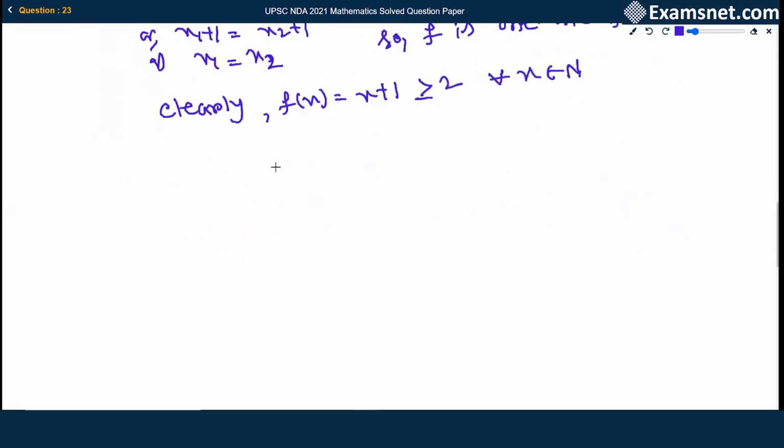From the natural number set to the natural number set, let's say 1, 2, 3, 4, 5, also 1, 2, 3, 4, 5, right? Now 1 maps to 2, 2 maps to 3, 3 maps to 4, 4 maps to 5, 5 maps to 6.